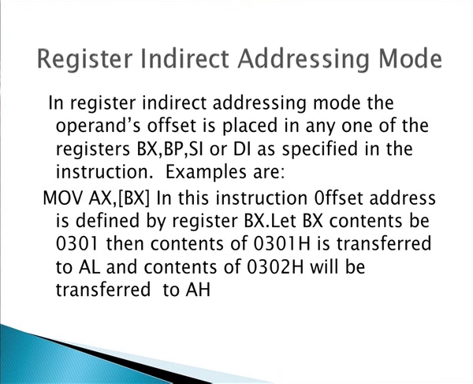In this instruction, the offset address is defined by register BX. Now, let us assume that the contents of BX be 0301, then the contents of memory location 0301 are transferred to register AL and the contents of memory location 0302 will be transferred to register AH.